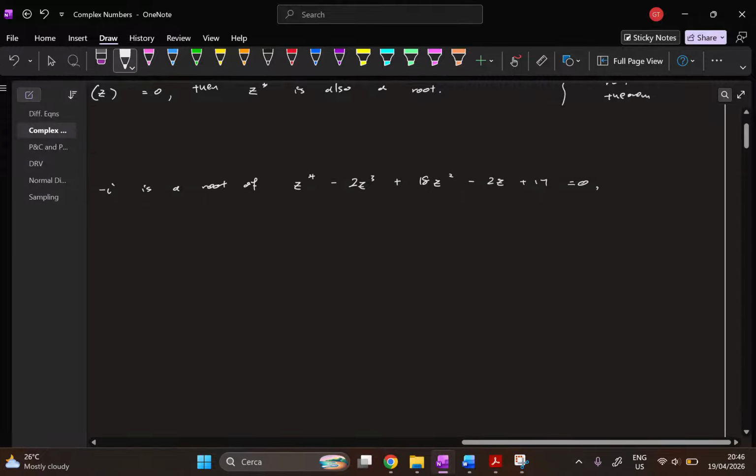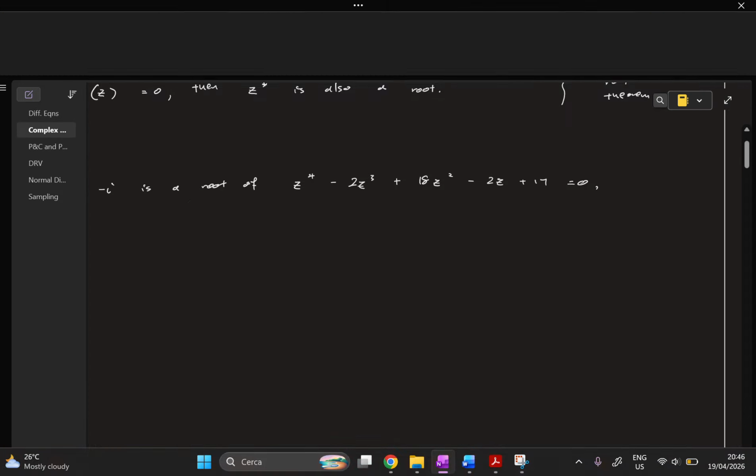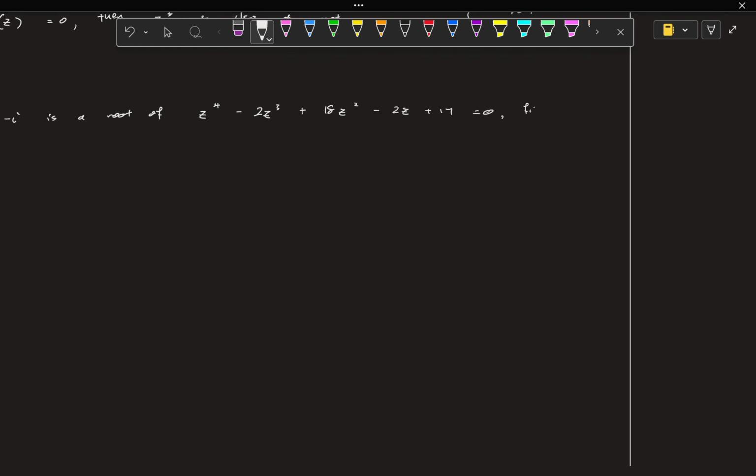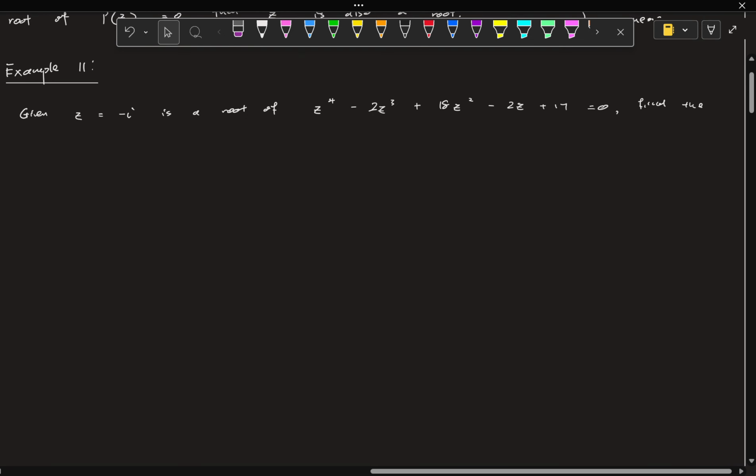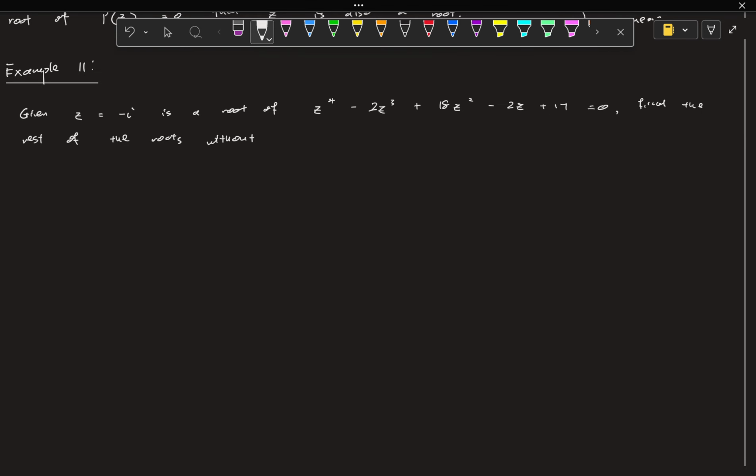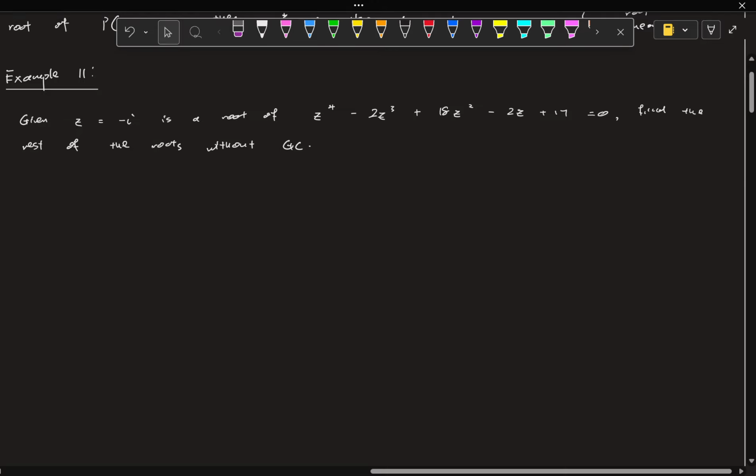They give you this, and then they ask you to find the rest of the roots without the use of GC. So without the use of GC means that there are a lot of things that you want to do that you cannot do already, right?